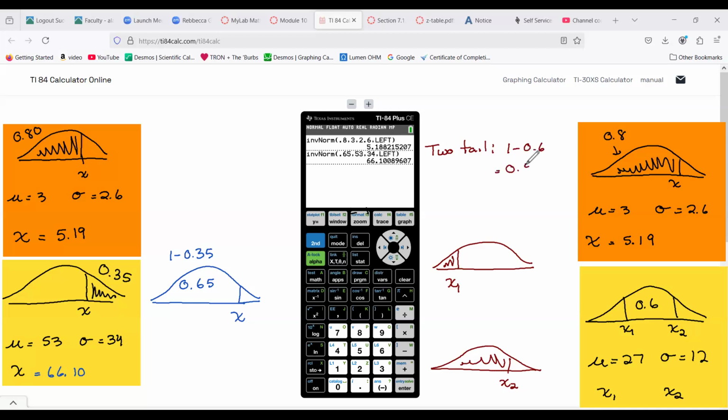So that's 0.4, which means in each individual tail we're going to have half of that, so 0.2. So we have 20% in each tail. Here we know that's 0.2, and we know here is 0.2. Another way you could think about how to find this area is you could go 0.6 plus 0.2, or you can do 1 minus 0.2, which is 0.8.